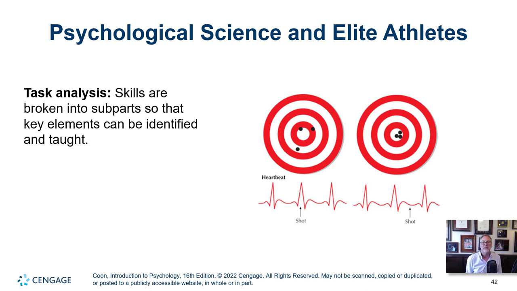An ability to do detailed studies of complex skills has been one of the major contributions of sports psychologists. In a task analysis, sports skills are broken into subparts so that key elements can be identified and taught. There are also several self-regulation strategies that athletes use to maximize performance. When someone is going to run, or in the example on the screen, shooting at a target, their heart is going to beat and flutter.